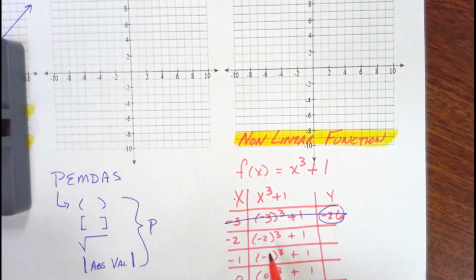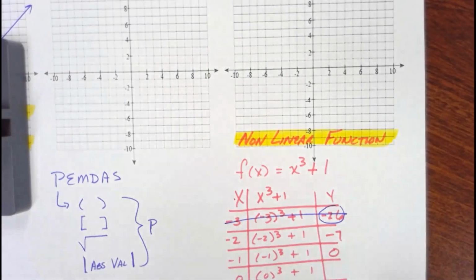Negative 2 cubed: negative 2 times negative 2 times negative 2, negative 8 plus 1, negative 7. I can get that on the graph. Negative 1 cubed is negative 1, plus 1 is 0.